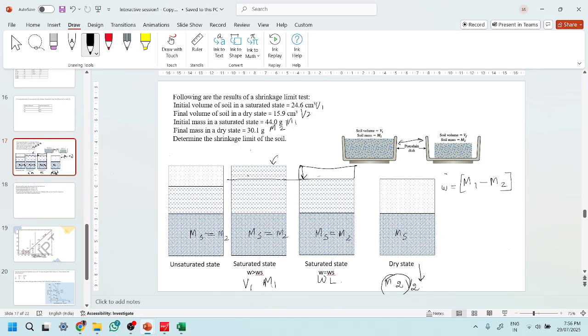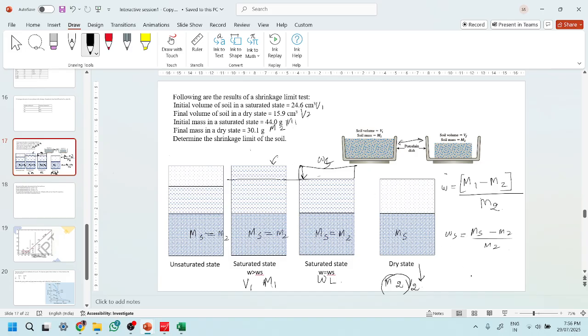This will be the mass of water divided by mass of solids, which is M2, the water content here. And what we want is WS, the shrinkage limit. WS equals, let us say, mass at shrinkage limit minus M2 divided by M2.